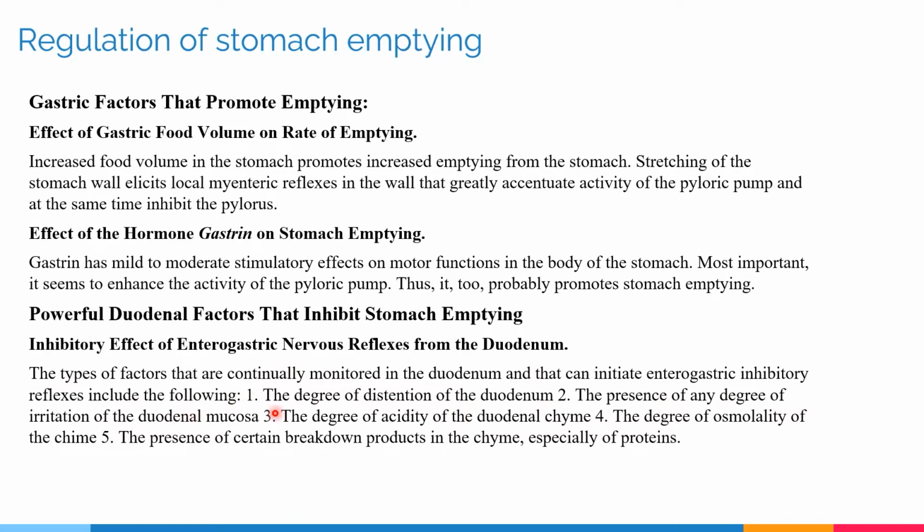The first is the degree of distension of the duodenum. The second is the presence of any degree of irritation of the duodenal mucosa. Third is the degree of acidity of the duodenal chyme. Fourth is the degree of osmolality of the chyme. And finally, the fifth is the presence of certain breakdown products in the chyme, especially of the proteins.